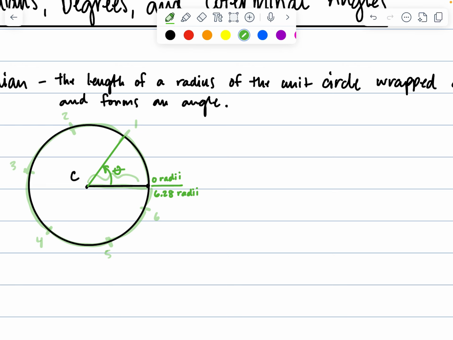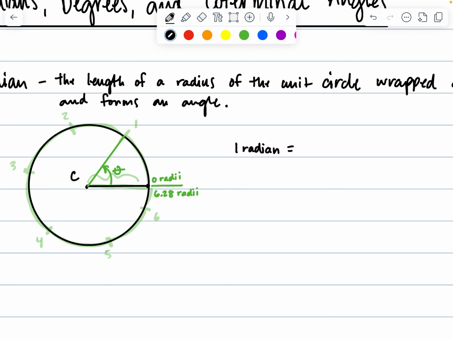from our positive x-axis. And if you're wondering, if I were to wrap 1 radii around, starting at 0 pi, it would create 1 radian, or 1 rad. Sometimes we call it rad, sometimes we call it radian. I'm going to call it radian.